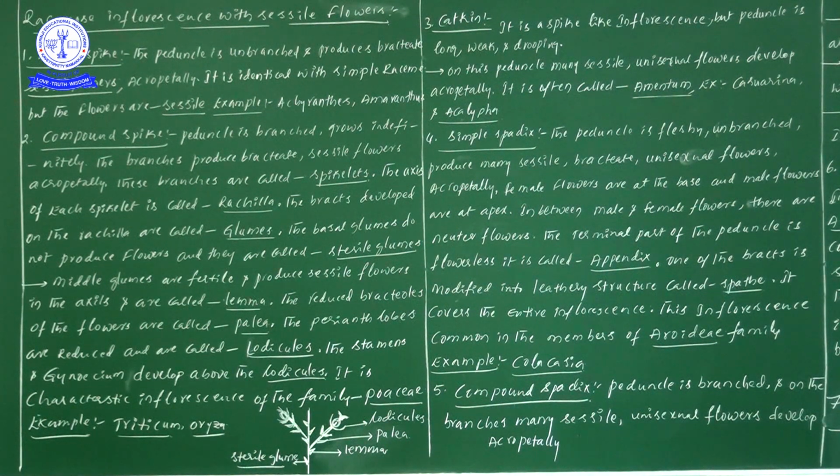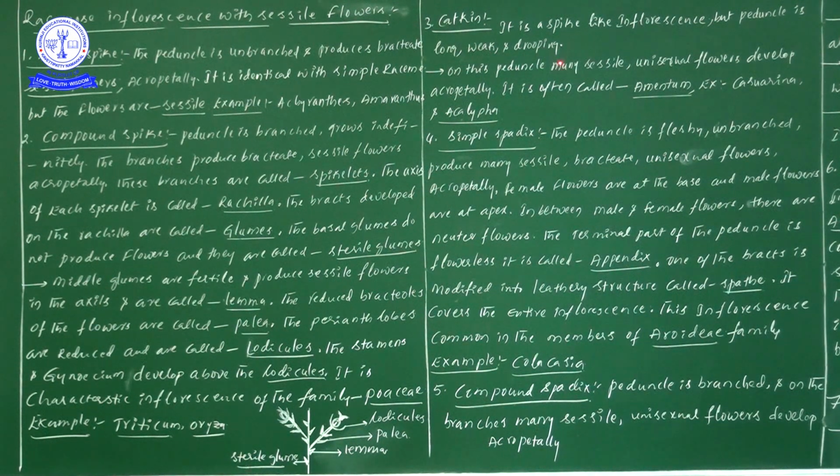Now let us move on to the third one, that is catkin. It looks like a spike-like inflorescence. Again it seems to be like a simple spike, like the first one, but the peduncle is long, weak, and drooping.